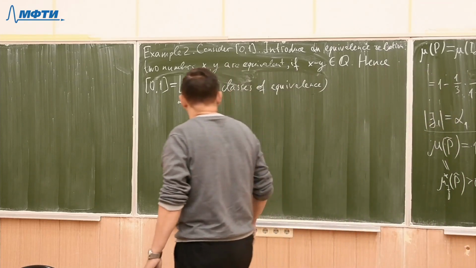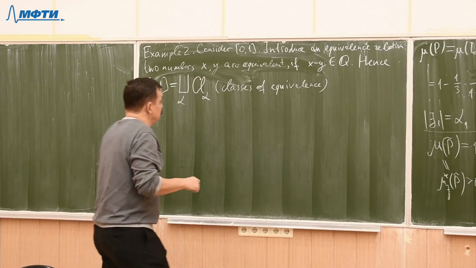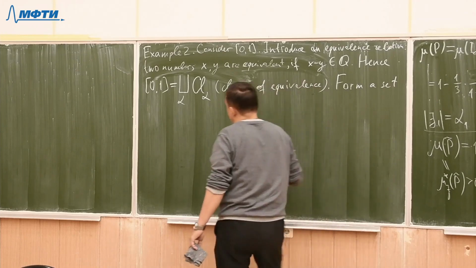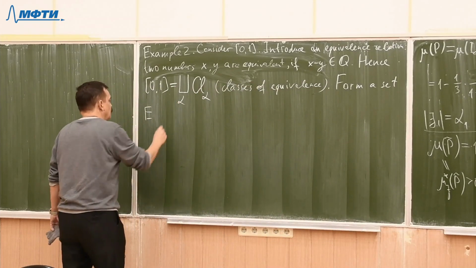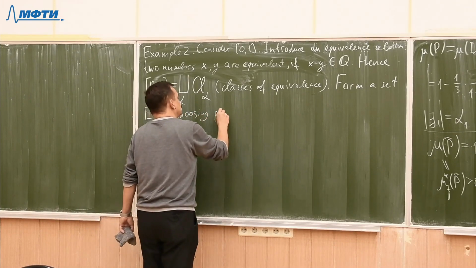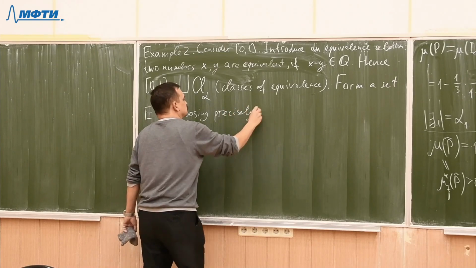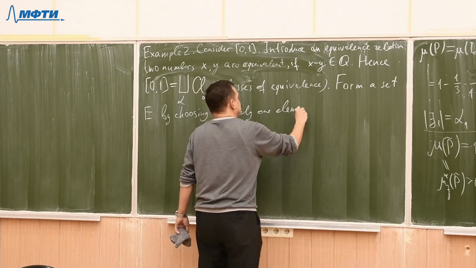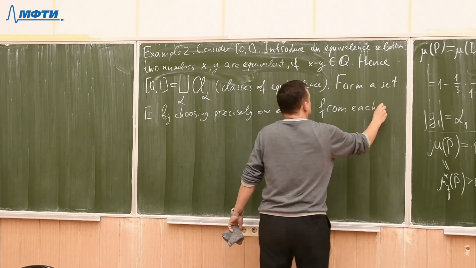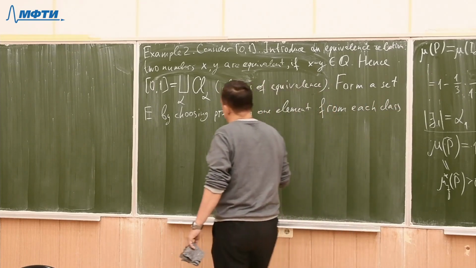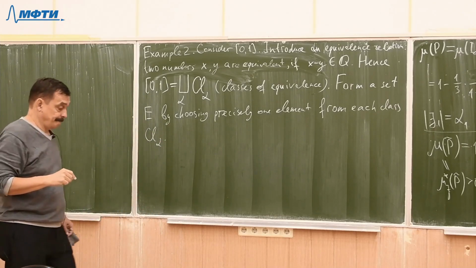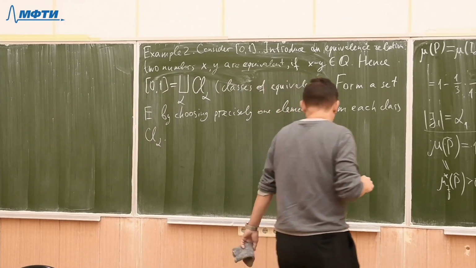Now, form a set E by choosing precisely one element from each class alpha.